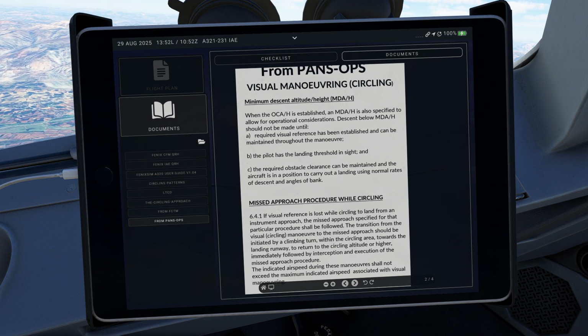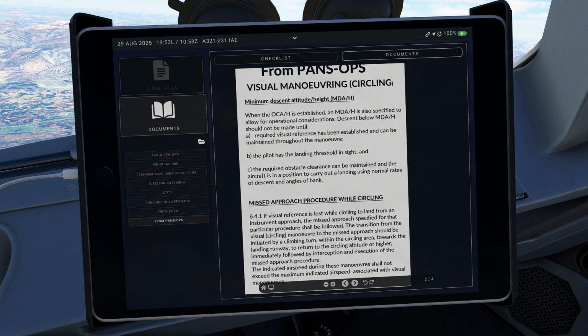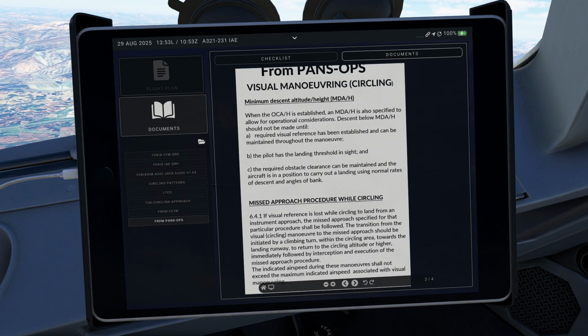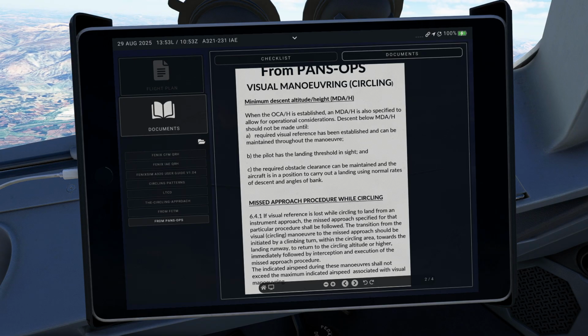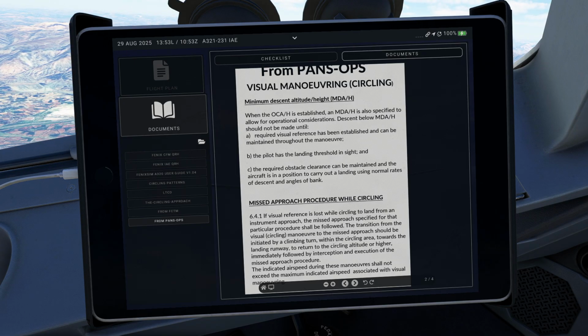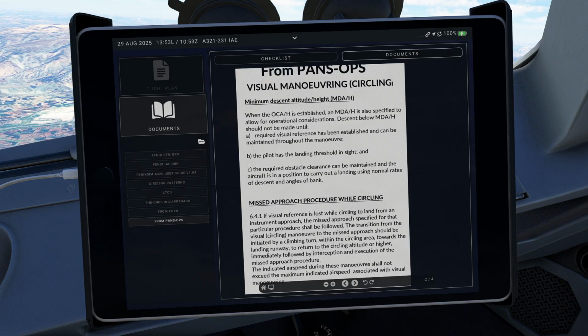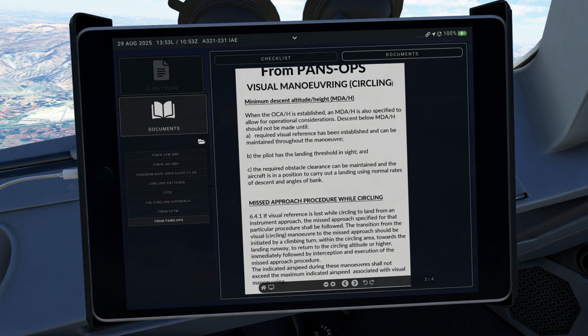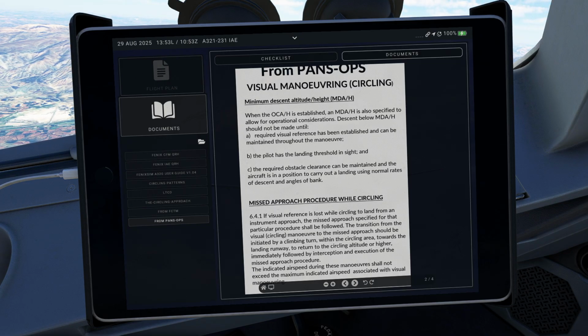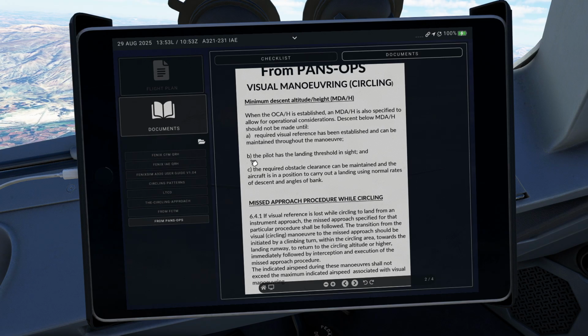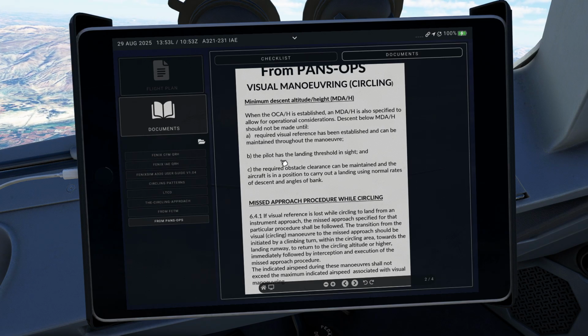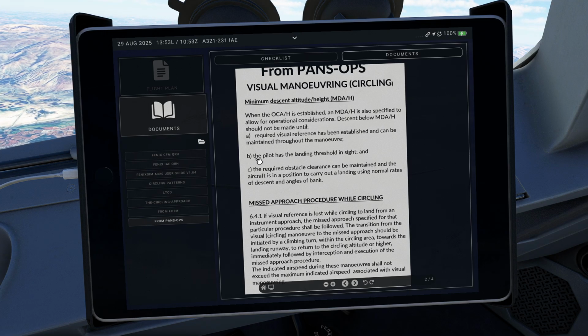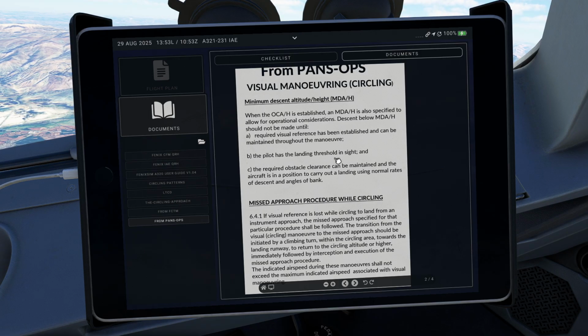The pilot has the landing threshold in sight all the way that you are circling, about the distance, about the timing, about the circling area. You have to observe the note Bravo here. The section B is the golden rule.